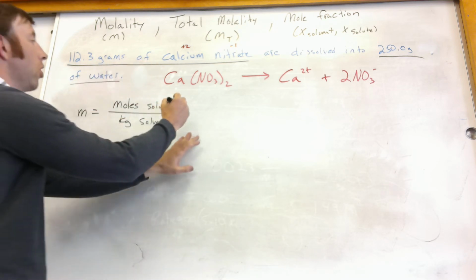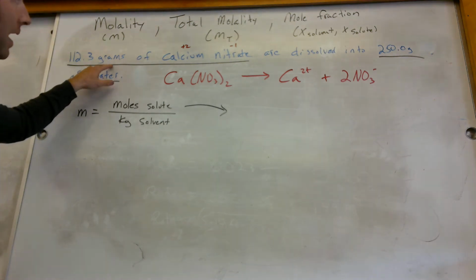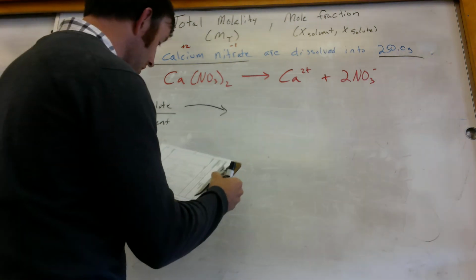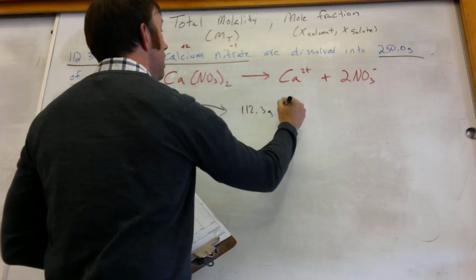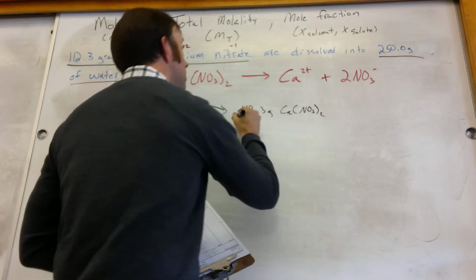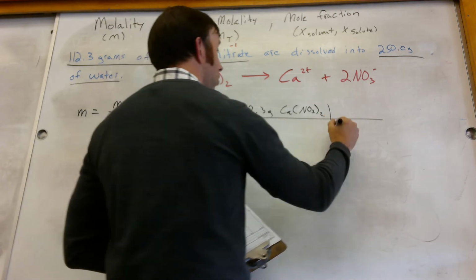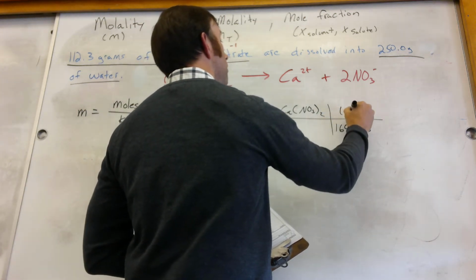So my moles of solute, right, would be equal to my mass of solute divided by its molar mass, right? So just to show that work right here, I've got 112.3 grams of Ca(NO3)2 and I've got 164.10 grams per mole.